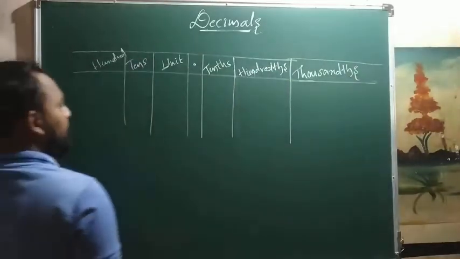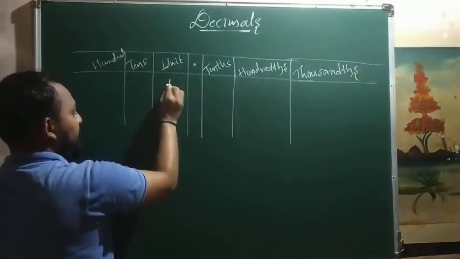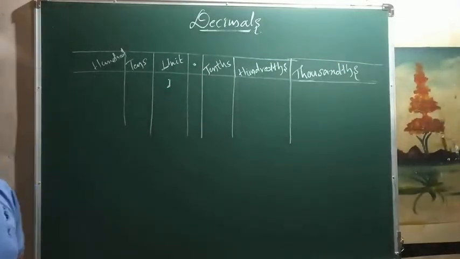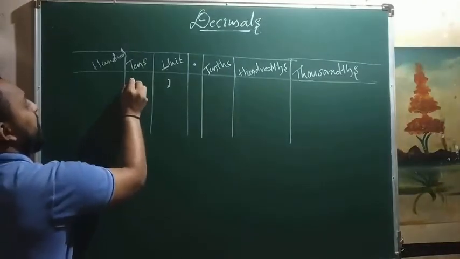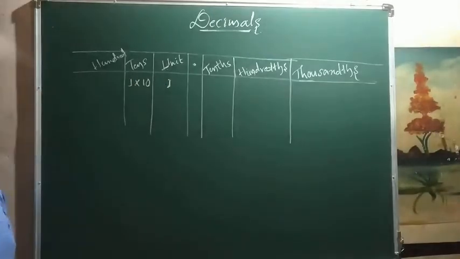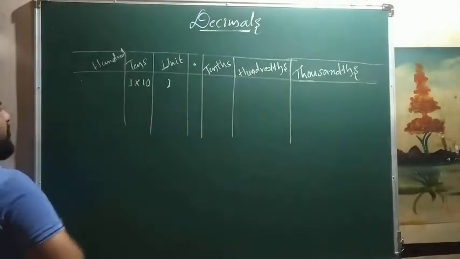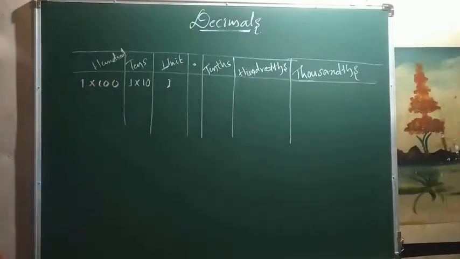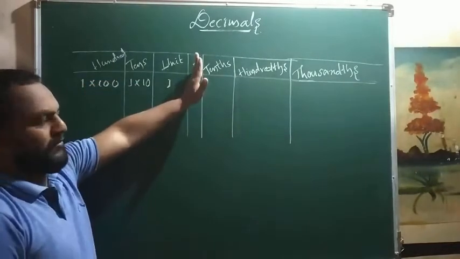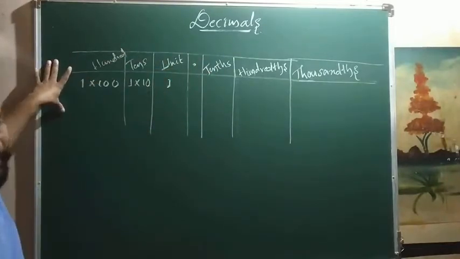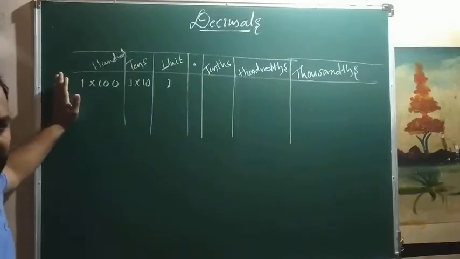Here the unit means 1 into any number, this is 1 into 10, and this is any number into 100. Before the decimal point, all the numbers are whole numbers or the integral part.